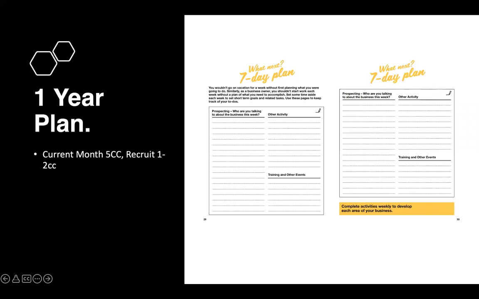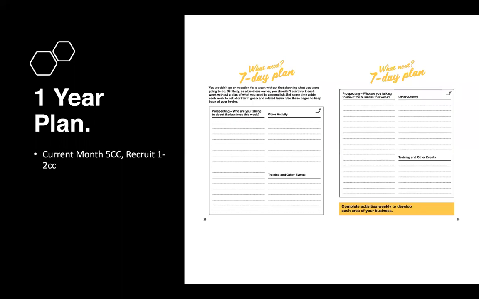And some of the key things that you need to have clarity on in the next 7 days. Number 1 is prospecting. Who are you talking to about the business in the next 7 days? You need to have clarity on that. What retailing activities are you going to do in the next 7 days? And what trainings and events are you going to be attending or learning from in the next 7 days?